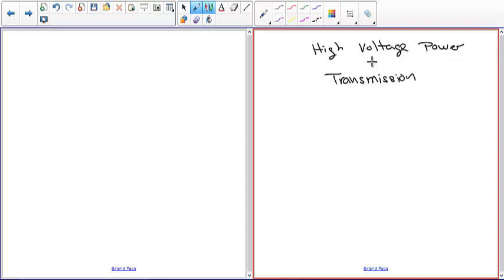So the question is, why do they use such a high voltage? That's one of the reasons they ended up with AC power, because you could transport the power from one location to the other with much less resistive loss. Here are your cables that are taking it from the power plant to us, Covington.